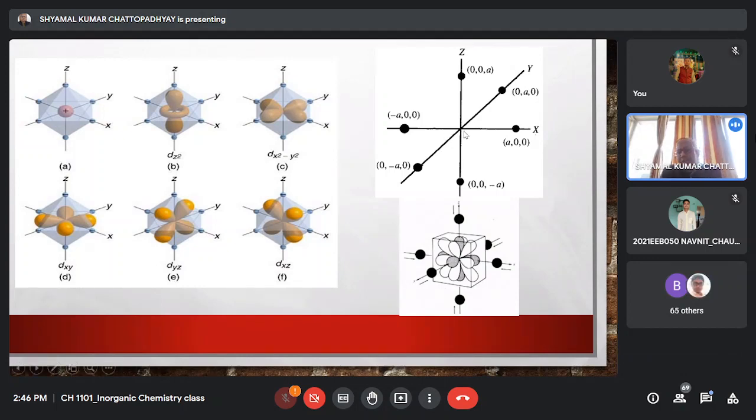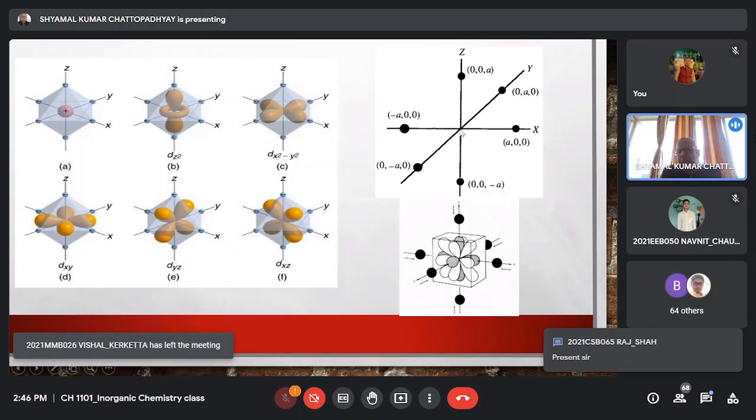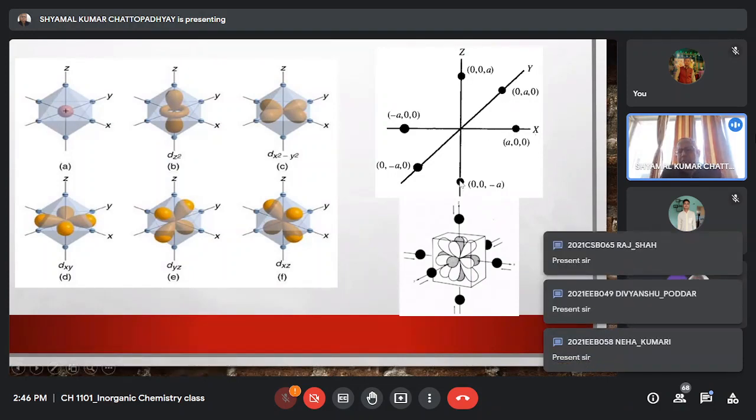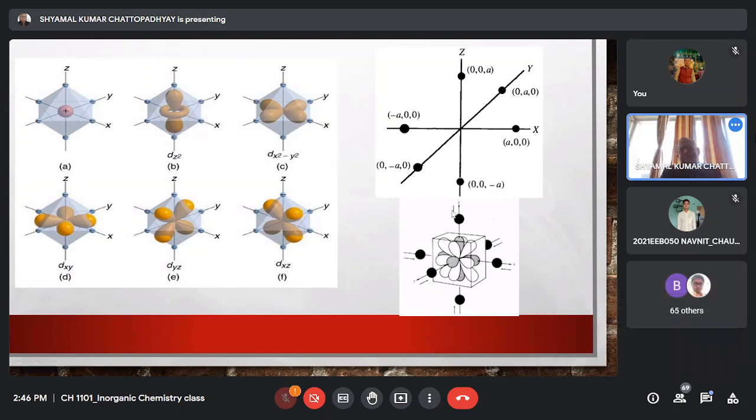The metal is situated at the center of the Cartesian coordinate system, and we have 6 charges which are situated along the positive and negative directions of the 3 Cartesian axes, and they are equidistant. That means all the ligands are placed at equal distance.